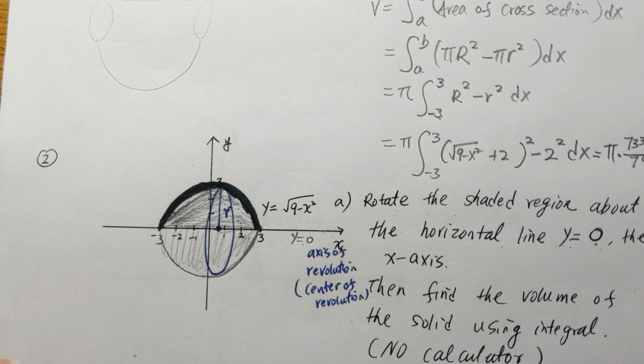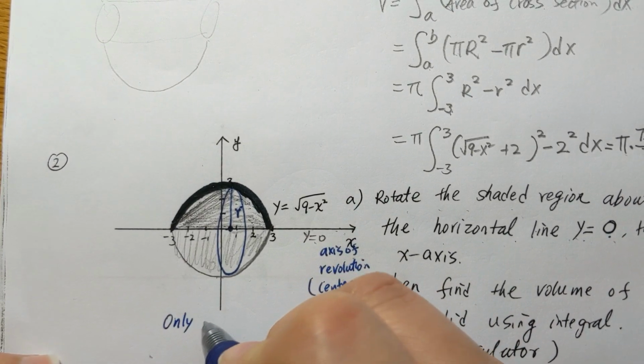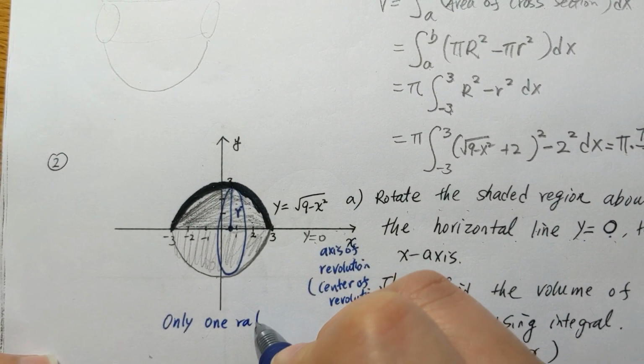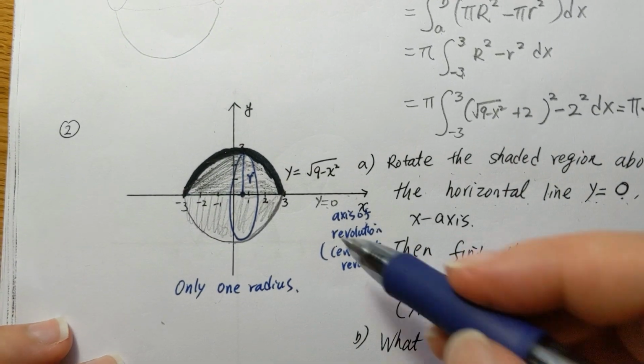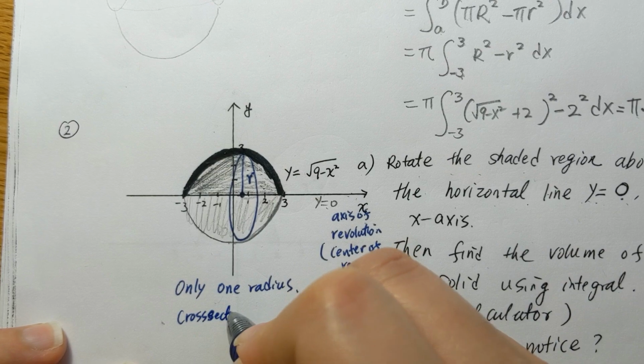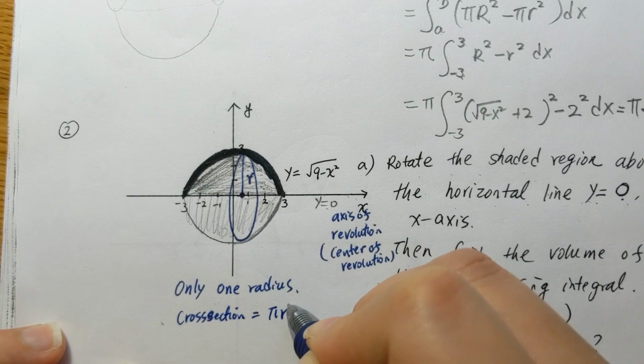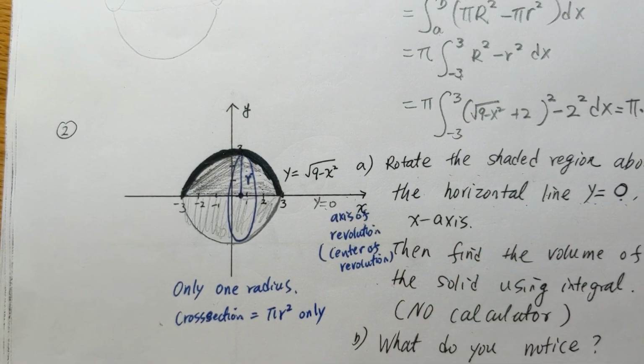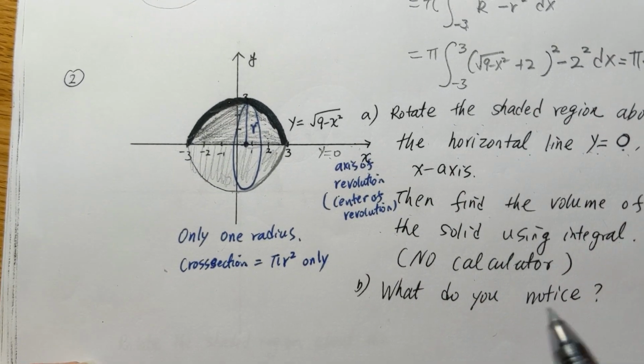There's only one radius. Okay. So now, only one radius. So the cross section is pi r squared only. Okay, so now let's find out what r equal to.